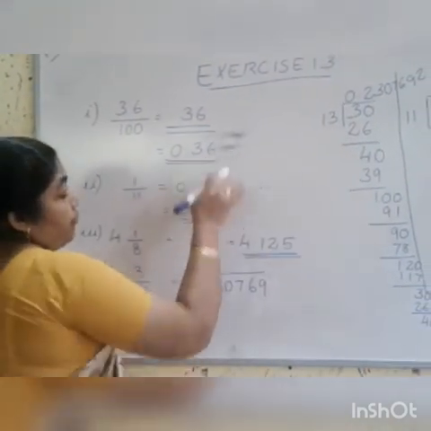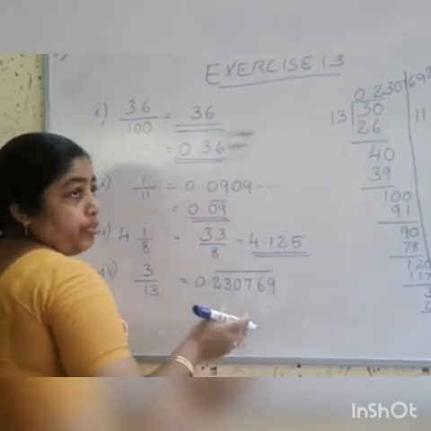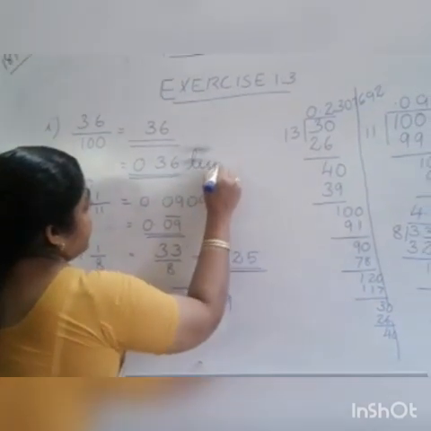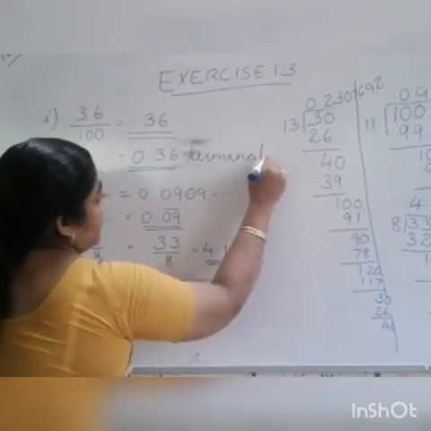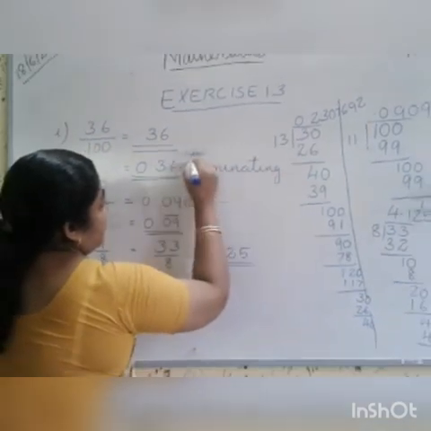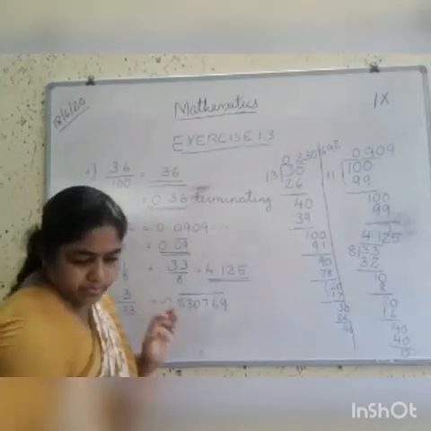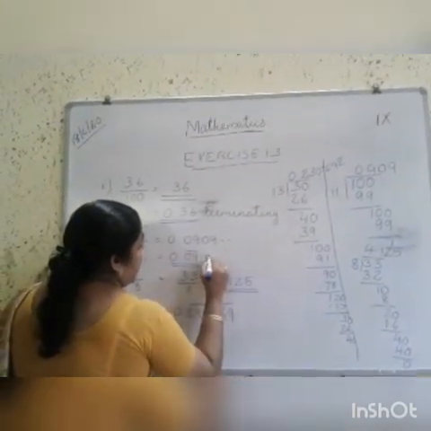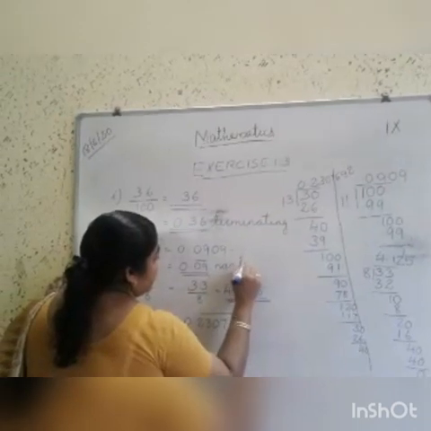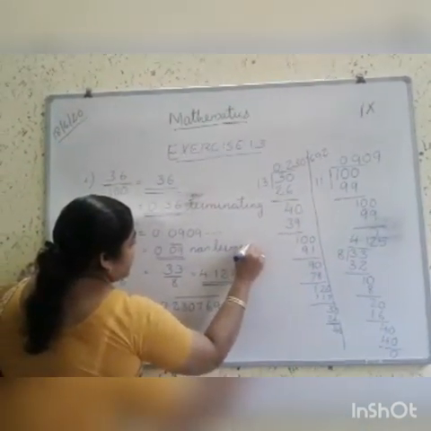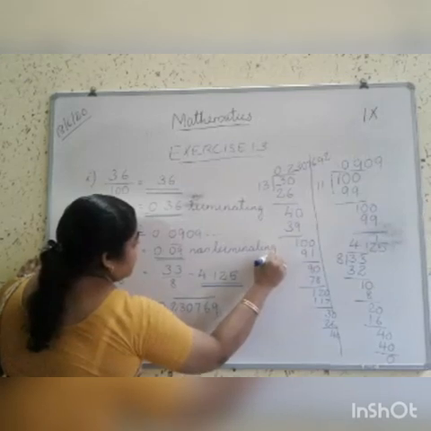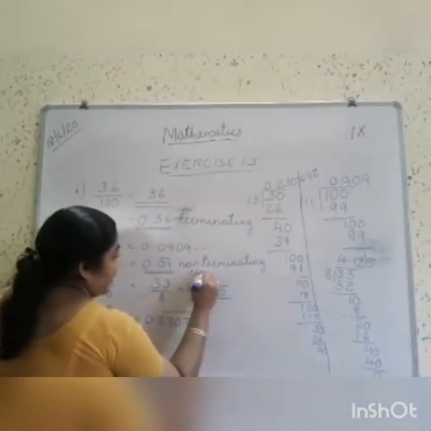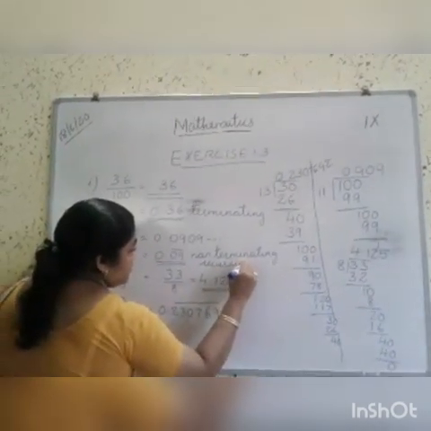In this question, we have to write what type of numbers are there. This is terminating. Next one is non-terminating recurring. Recurring means repeating. Non-terminating recurring.